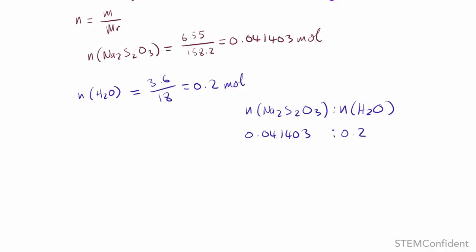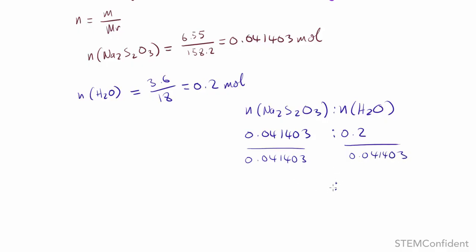Well, we can do that by dividing it by itself, and then, you know, you do one thing to one side, you need to do it to the other side as well. So effectively you divide this by 0.041403, and you also divide the other side by the same 0.041403, okay?